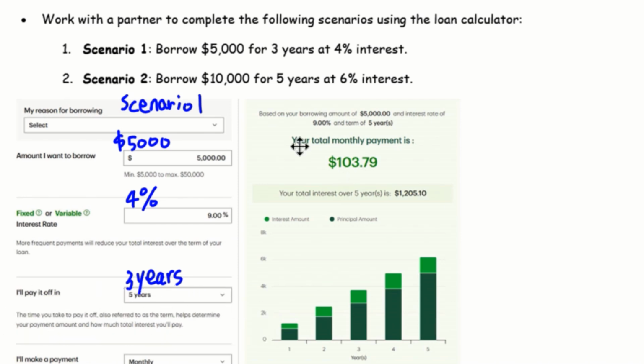Then we are going to do the calculation for scenario 2. Scenario 2 is borrowing 10,000 at 6% for 5 years. We do the calculation on the TD online calculator.